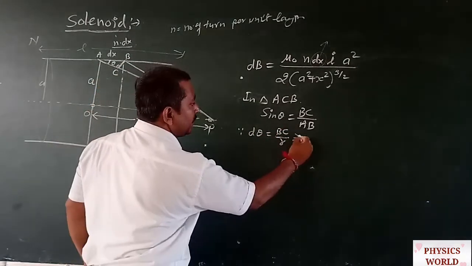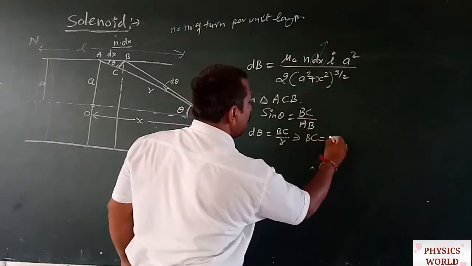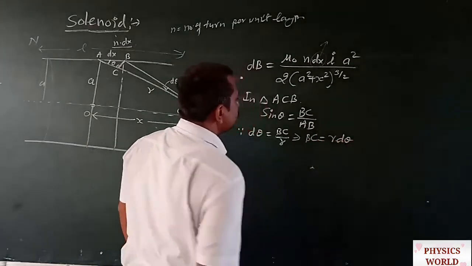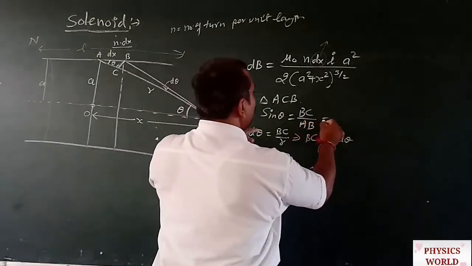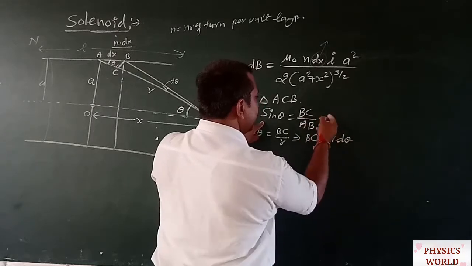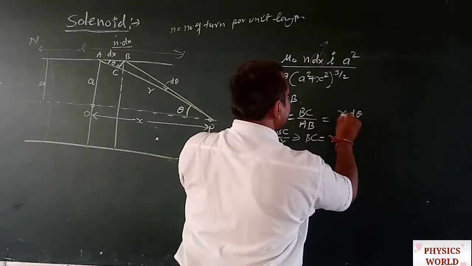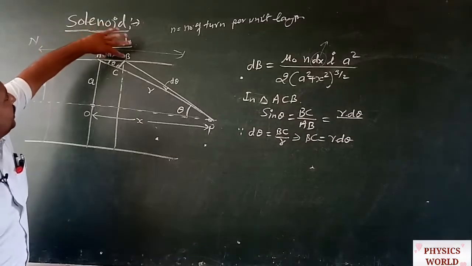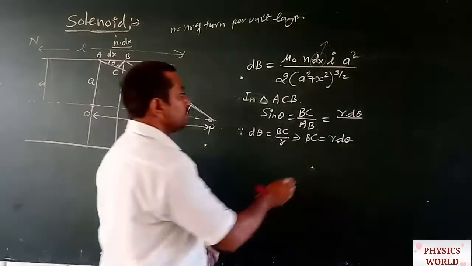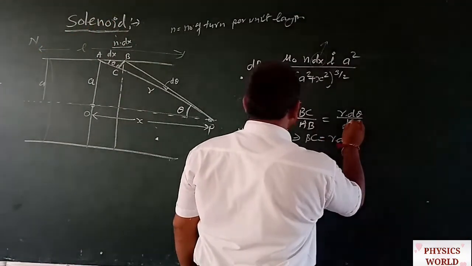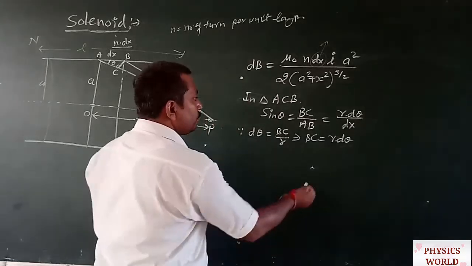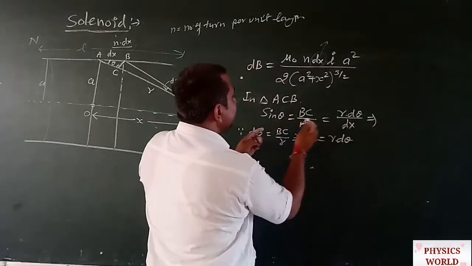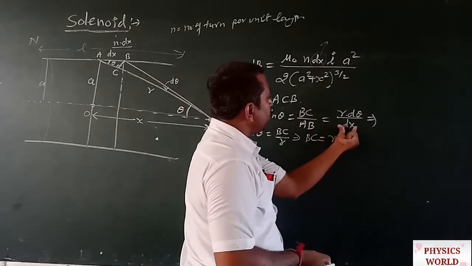So from here we get BC equal to R dot d theta. So we can put the value of BC from here, R dot d theta divided by AB. What is the value of AB? This is dx. So from here we can easily obtain the value of dx.